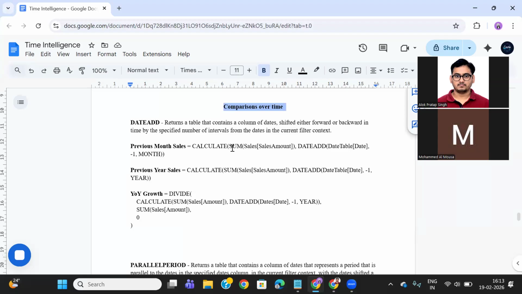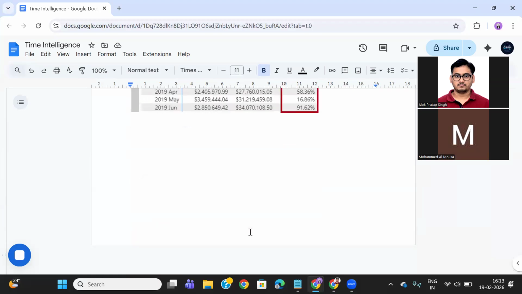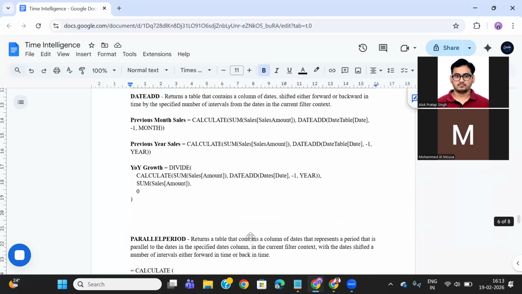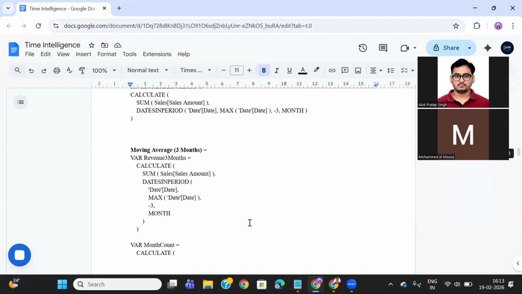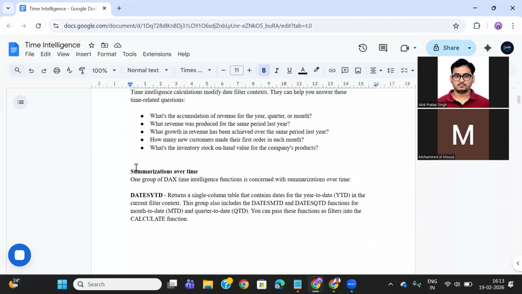So basically, we use these two types of time intelligence function. There are multiple functions that come under summarization over the time and comparison over the time. So let's talk about summarization over the time.